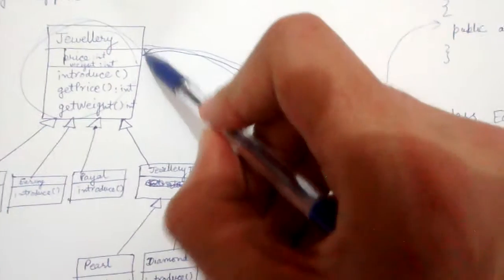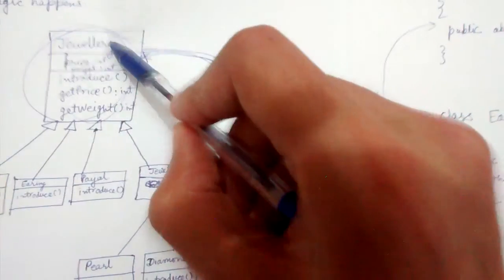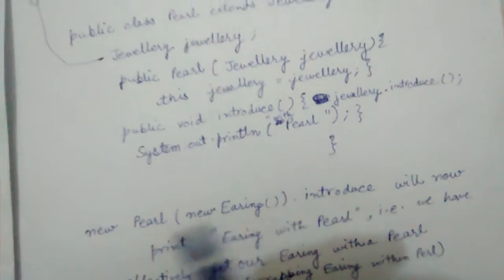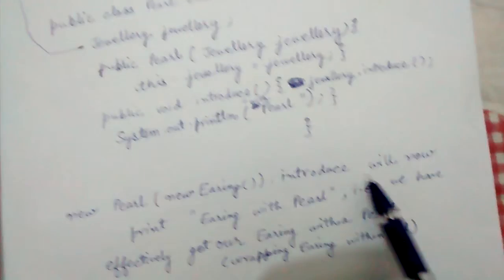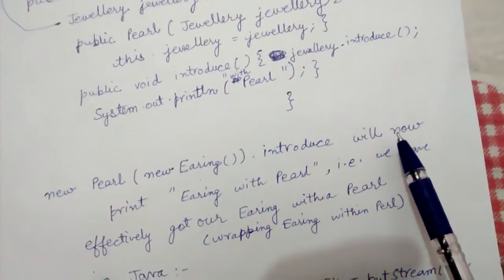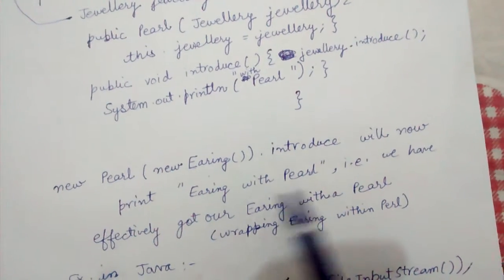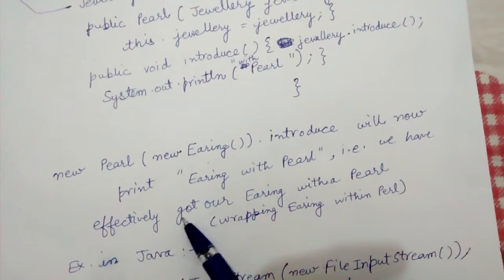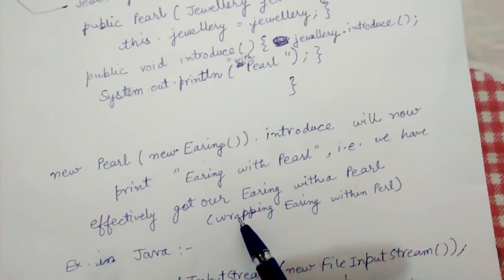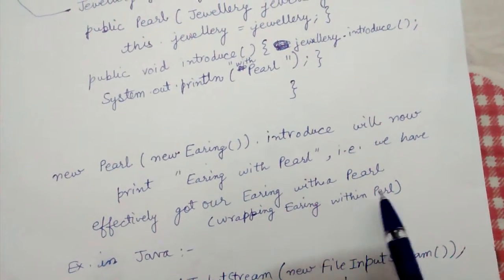So we are passing a jewelry reference to it. So basically new earring is passed to the new pearl, and introduce will now print earring with pearl. That is, we have effectively got our earring with a pearl. So we are wrapping earring within a pearl decorator.